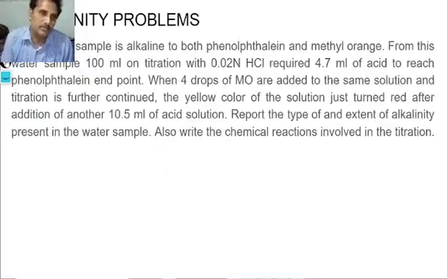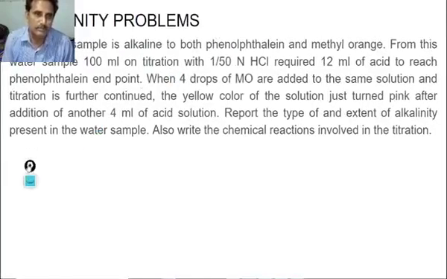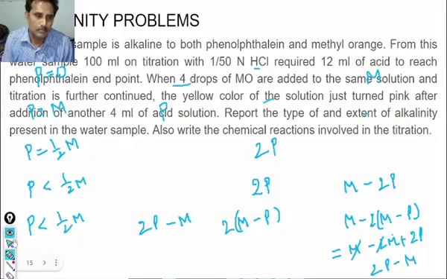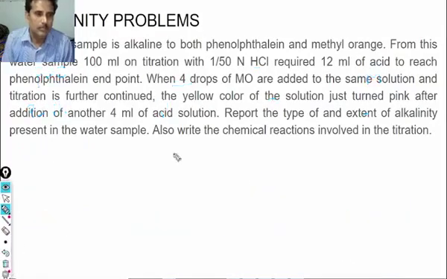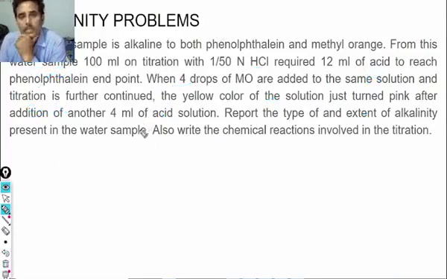So we will do problems first. Here a water sample is given, of alkaline nature, with phenolphthalein alkalinity and methyl alkalinity. 100 ml of the water sample requires 12 ml of acid to reach the phenolphthalein end point, and for the same sample 4 drops of methyl orange are added and the titration is continued. After another 4 ml you get the end point.